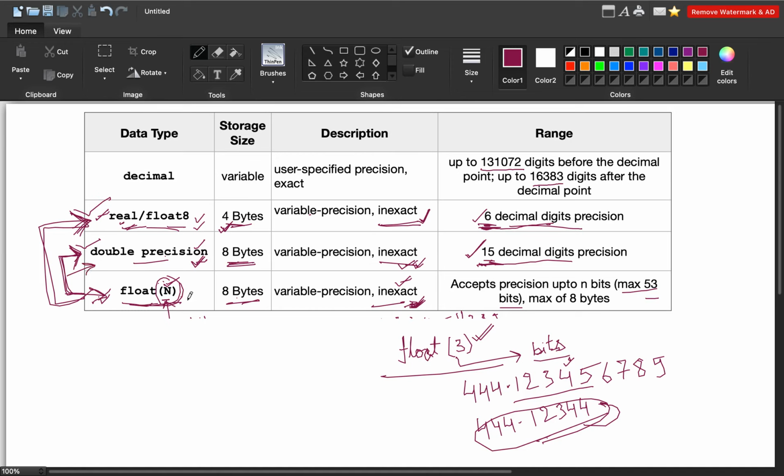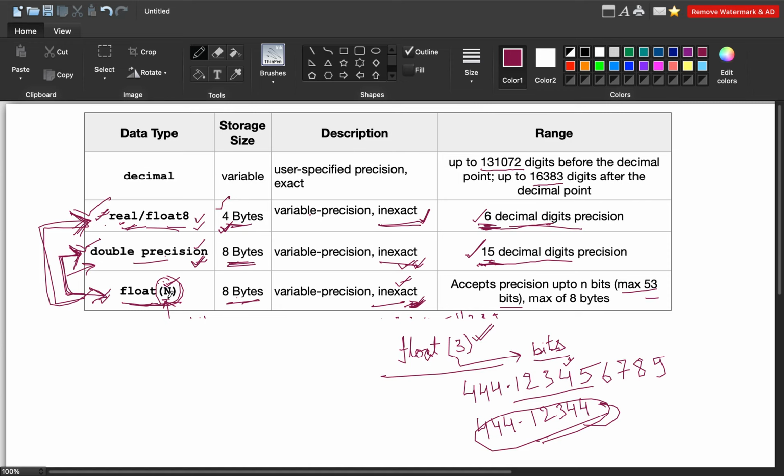Another thing is that based on the value, since it is being internally converted to real or to double, the storage size of float also will change. If the float is converted to real, then the maximum storage size will only be 4 bytes.